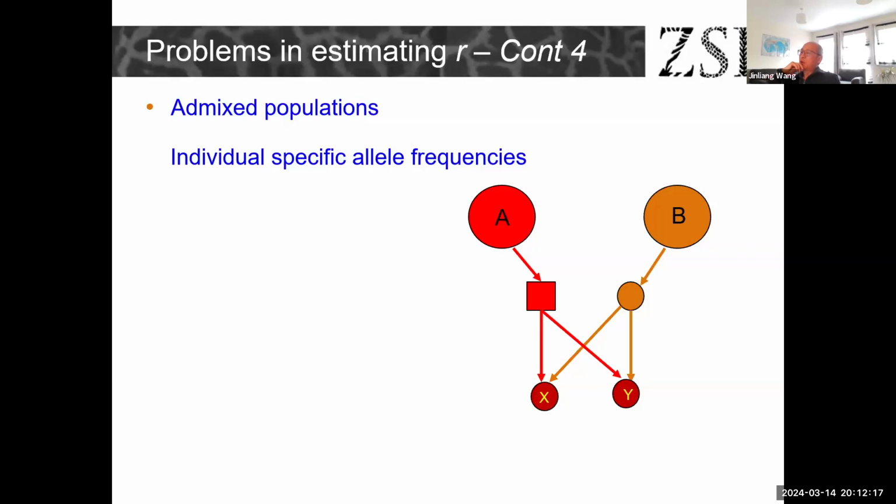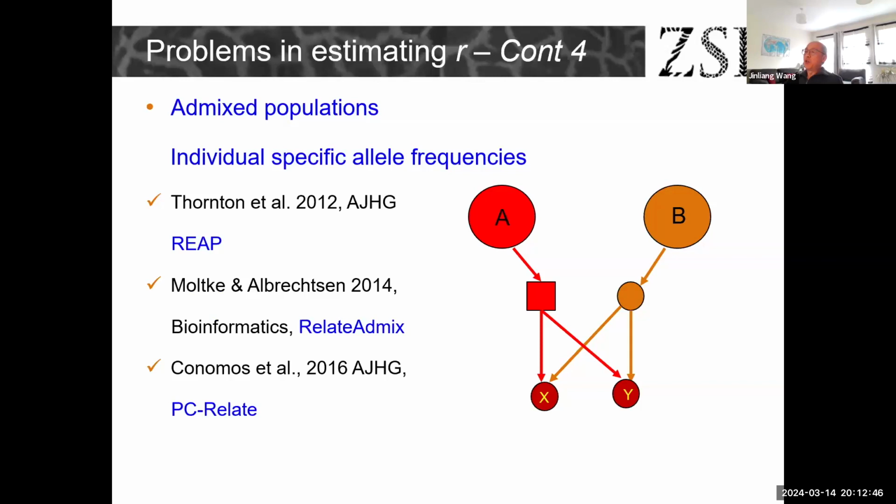You have to take into account that they have a different, mixed genetic background. So you have to calculate the individual-specific allele frequencies of both X and Y, and use those individual-specific allele frequencies to calculate relatedness.